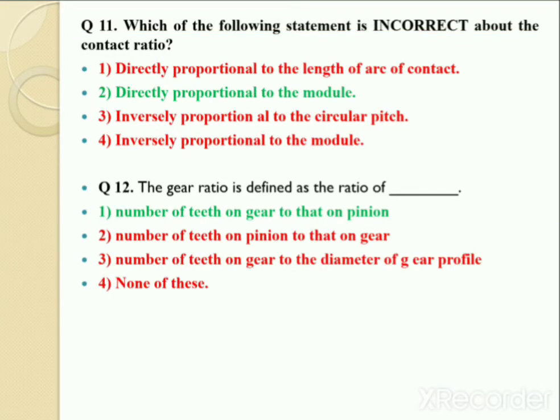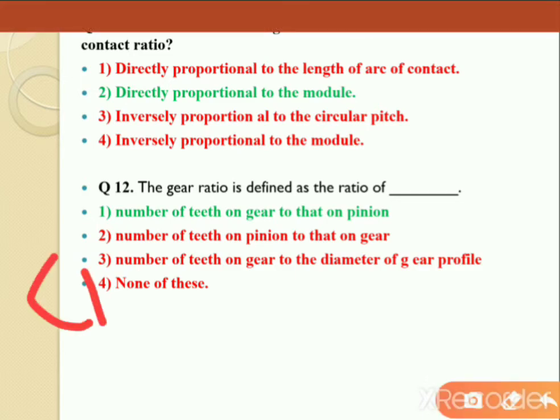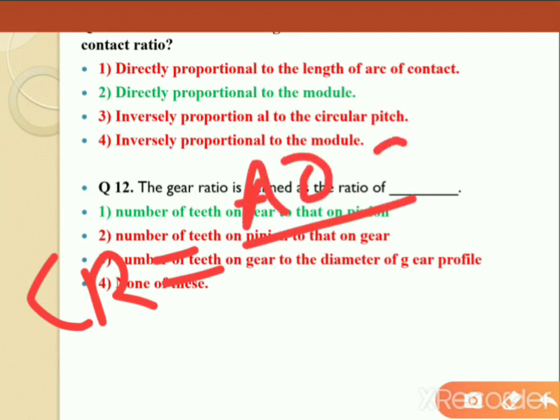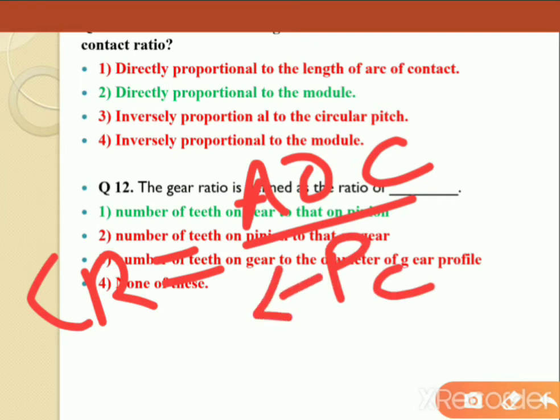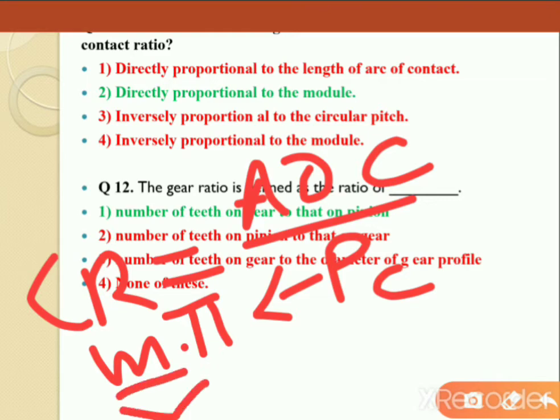Which of the following statements is incorrect about the contact ratio? So let's see what the contact ratio is. CR is equal to arc of contact divided by circular pitch Pc, and again circular pitch is equal to, we know, m into pi. m is module.